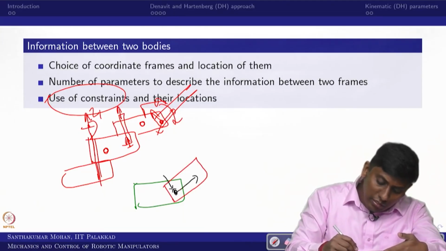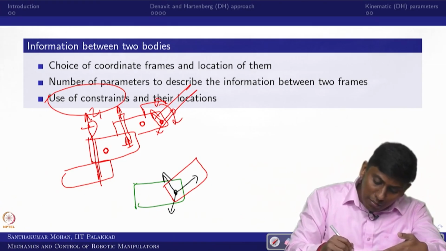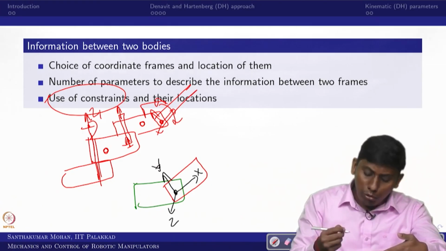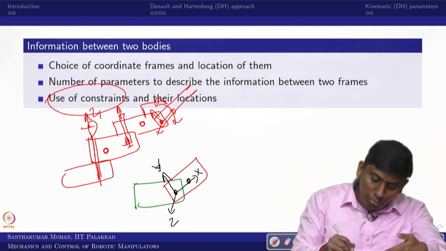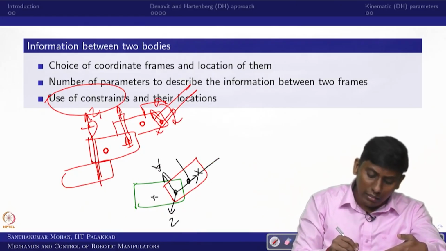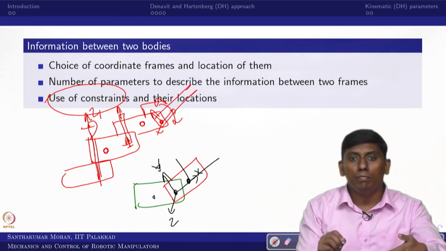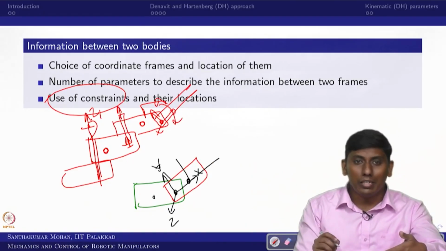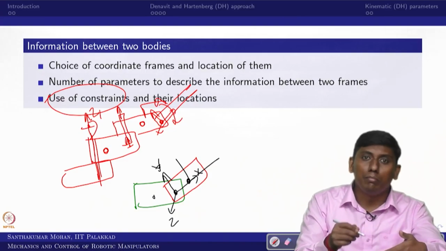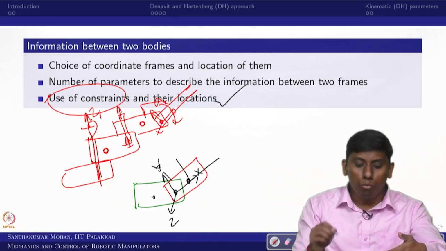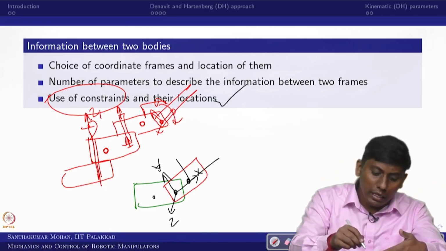Instead of the centroid, I can make my z like this, x like this, y like this. If I use the centroid, the centroid would be along this, right? Instead of that, I can use the joint or constraint and their location for transferring the information from one body to another body. This is one of the important aspects. Once you do this, what benefit will you get?